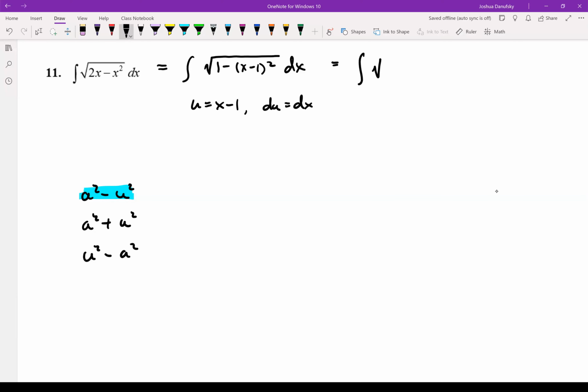And we now have the integral of the square root of 1 minus u squared du. At this point, we can let u equal sine theta, du is equal to cosine theta d theta, and you're ready to proceed with the trigonometric substitution. Go ahead and finish this one on your own.